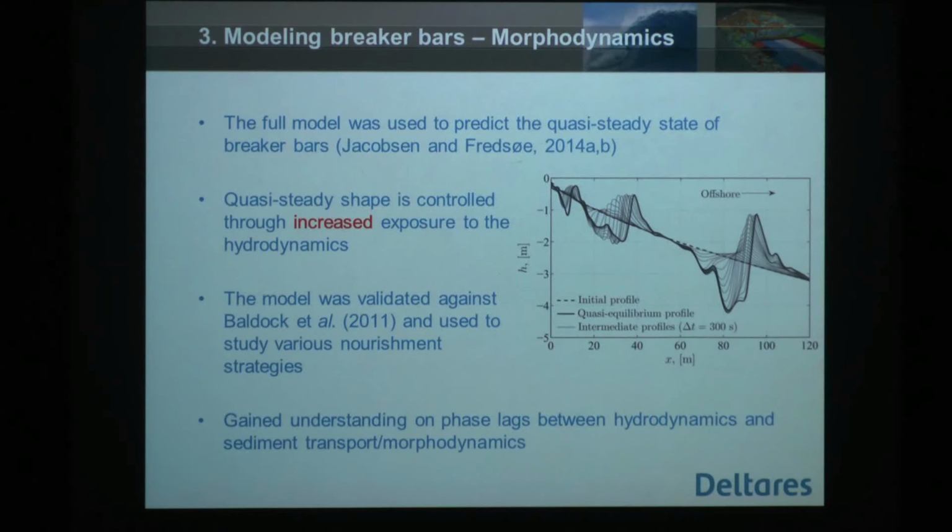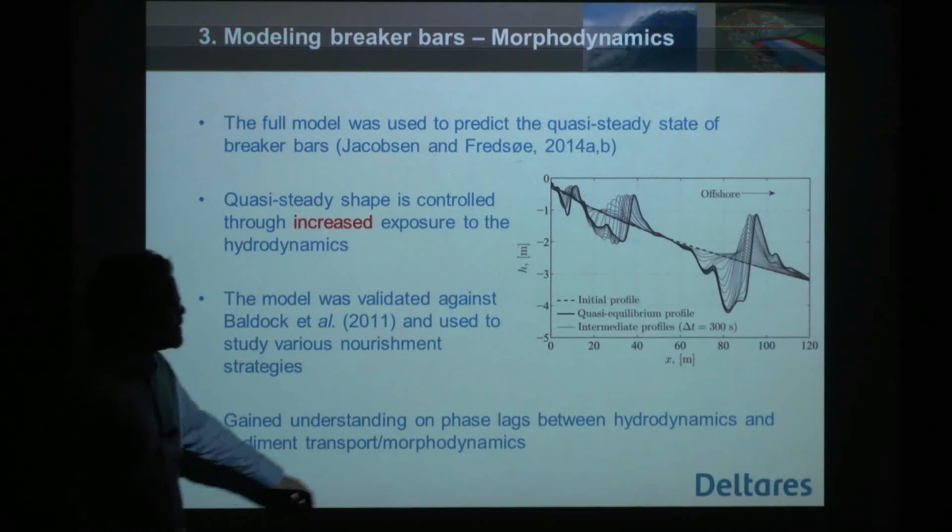Once we have a breaker bar or a breaking wave that actually works, we can also start adding sediment transport and morphodynamics. And that is something I did in my PhD. And I think one of the most surprising things from that was that quasi-steady breaker bars are not achieved because the loading in some way becomes smaller.